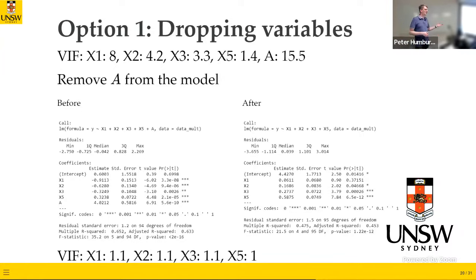So, if you can't remove the most offending variable, you remove some others. You might have to remove more variables, and you may or may not end up with a model that's still useful. And that's kind of where we get to the point of there is no perfect solution.